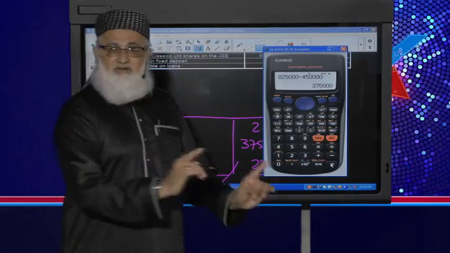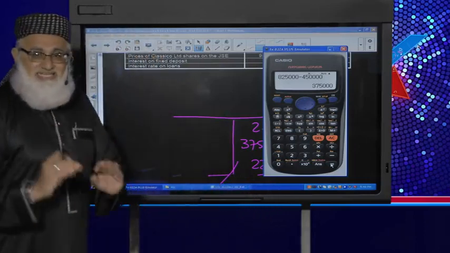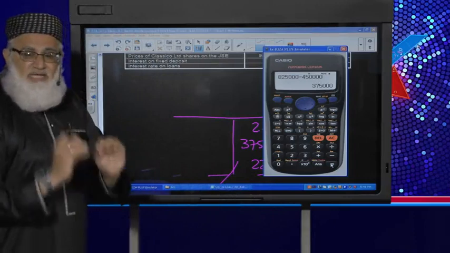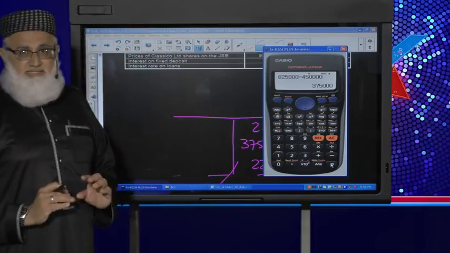What is the 375,000? The 375,000 rand is this year's interim dividend that was paid. Please keep that in mind.